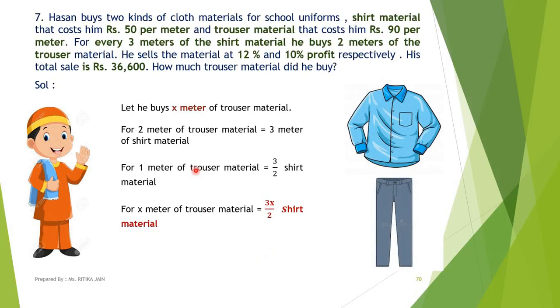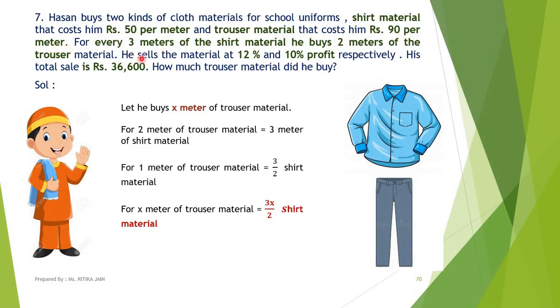In this question, there is a boy named Hassan who buys two kinds of cloth material for school uniform. Shirt material and trouser material. The cost of shirt material is 50 rupee per meter and the cost of trouser material is 90 rupee per meter.